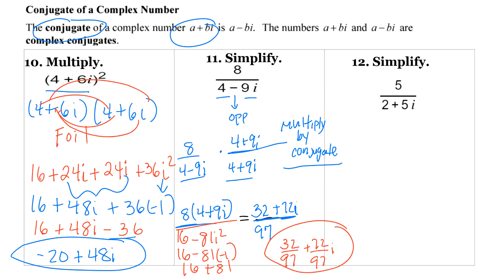So again, we introduced the conjugate, meaning that in order to get rid of i in any denominator, we want to multiply by the same terms, but we need to change that sign to the opposite.